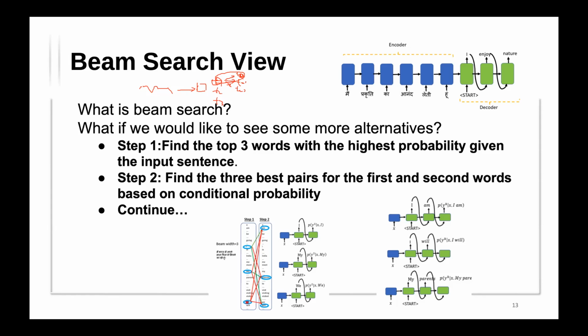On the second step it will be the top 3 pairs. On the third step there will be the top 3 tuples, right? And then for the fourth it will be 3 quadruples. For each partial sentence, how do we evaluate the score when we choose the top 3?